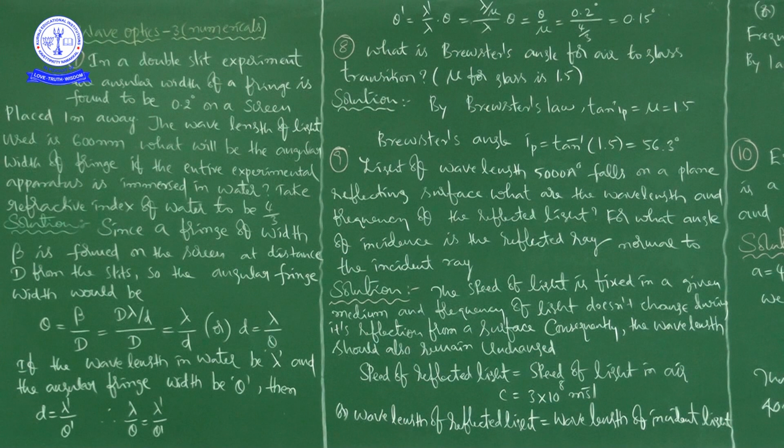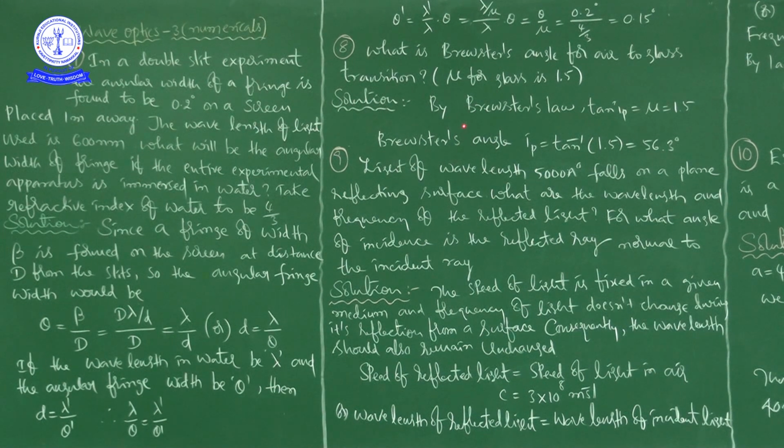If you see the previous year question papers, we had problems based on this formula many times. That's why this formula is important, and it is very simple. Mu is equal to tan IP. That is the only formula.